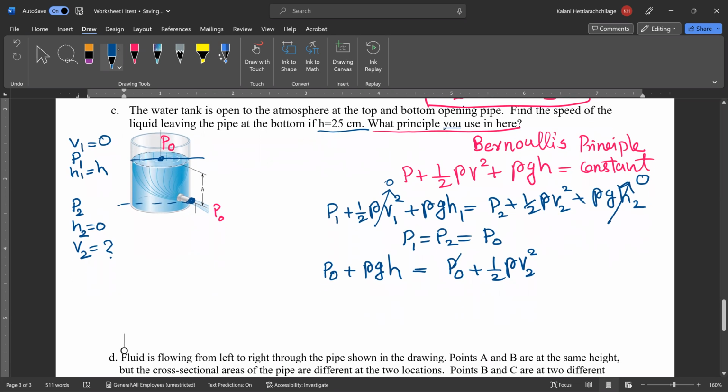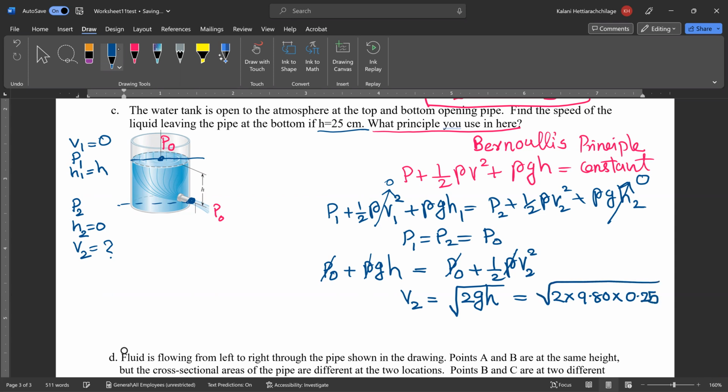Now we see that P naught and P naught cancel out, and rho also cancels out, so I will be able to write V2 equals root 2gH. Now we can plug in the values: 2 times 9.80 times H, which is 25 centimeters, then take the root, and that will give you the velocity at the other end, 2.2 meters per second.